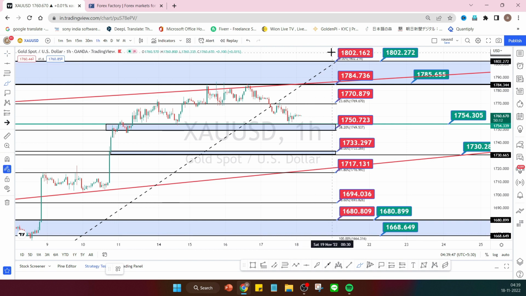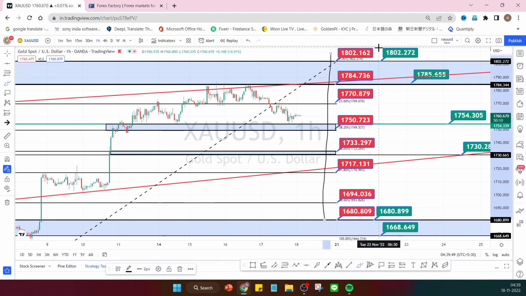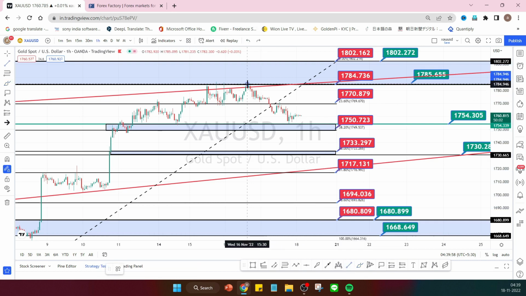So the values within this red color boxes are the resistance and support levels for current price action in hourly time frame. Currently the price action in hourly time frame is on a bearish side retracement, and as long as the price action is trading below this resistance line, we can expect the bearish trend to continue in hourly time frame.